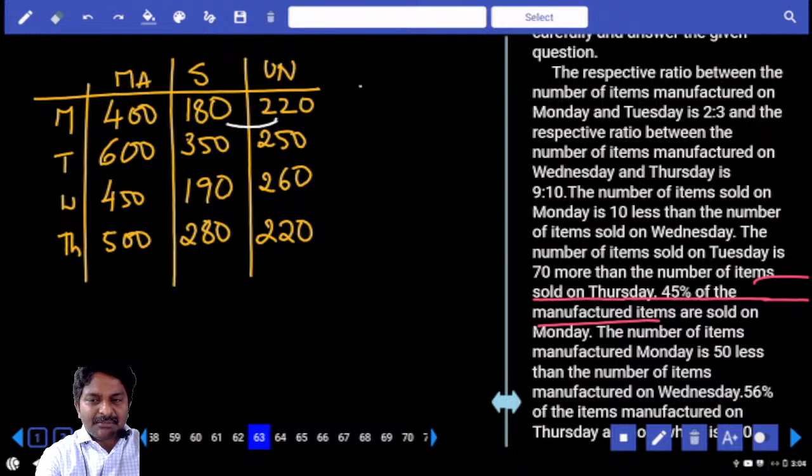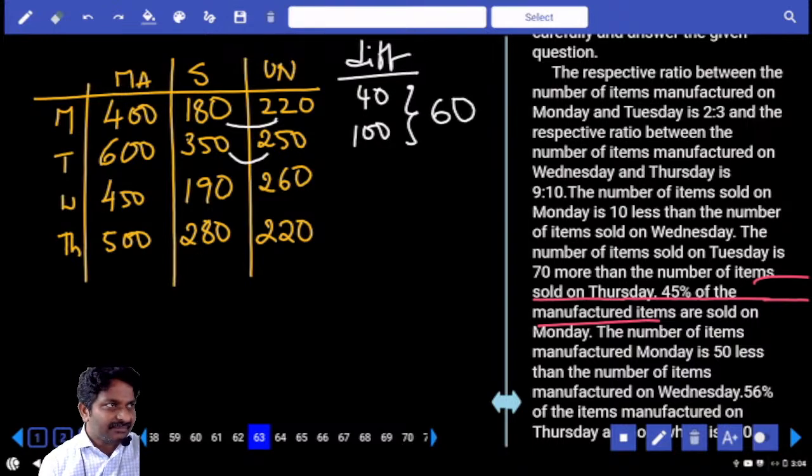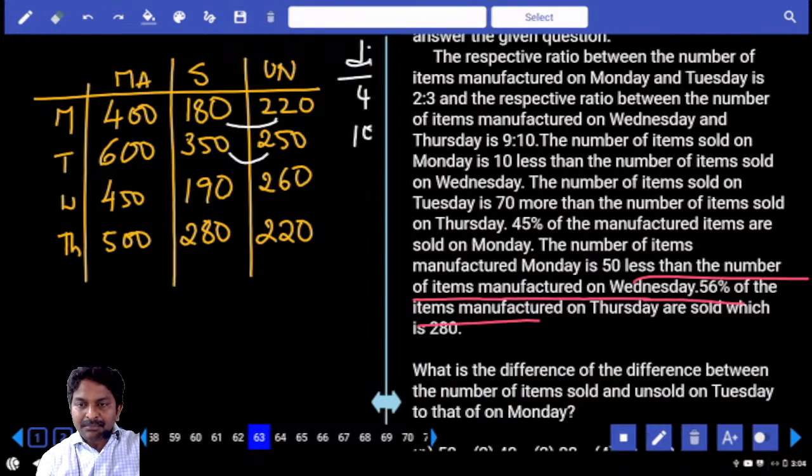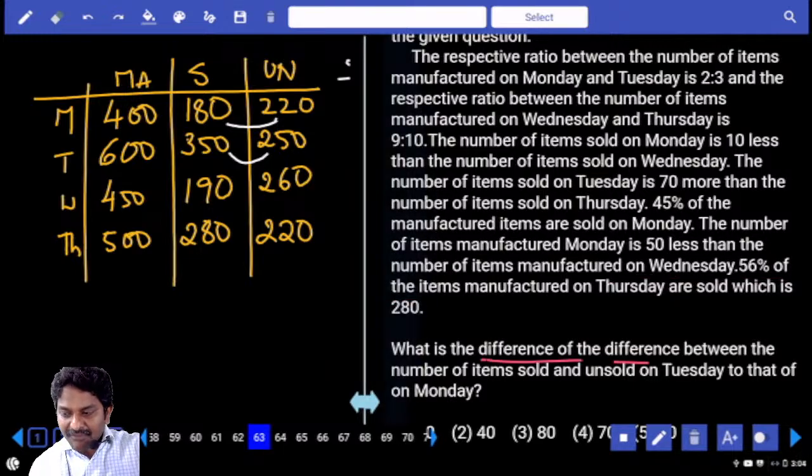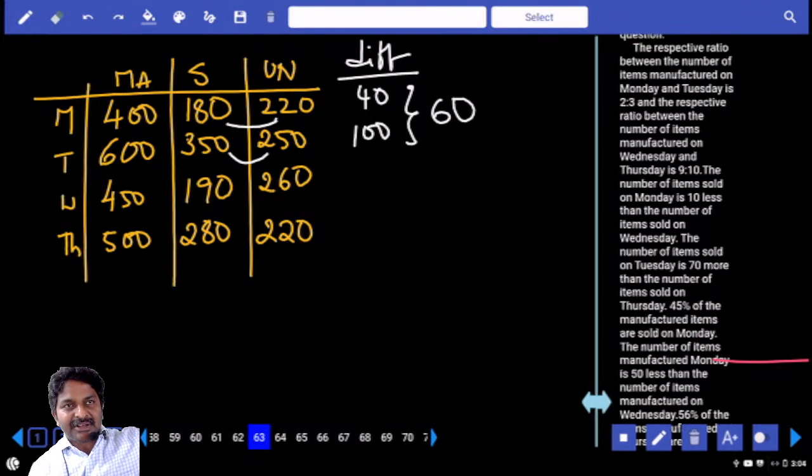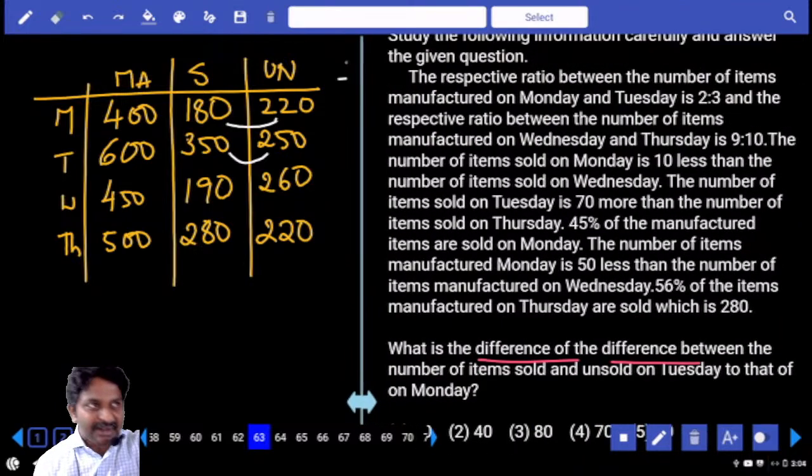Difference between these two numbers, 40. Difference between sold and unsold on Tuesday, 100. We were asked to calculate difference between these two numbers, which is 60. One and the same. One and the same. The difference of the difference, they said. This is the actual one, but whatever we have done, that is also right.